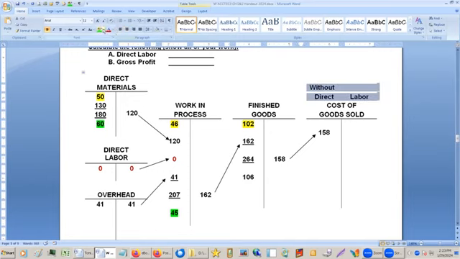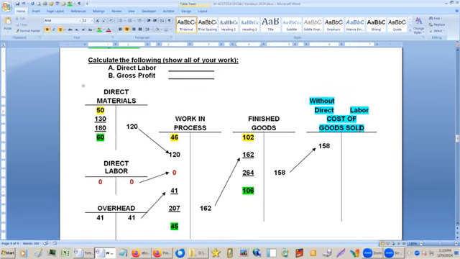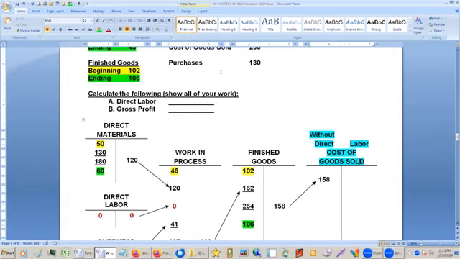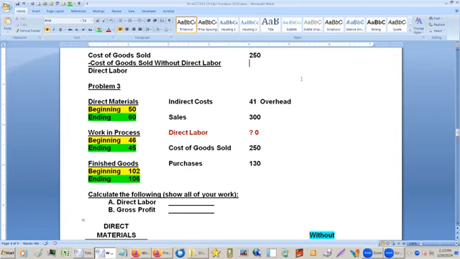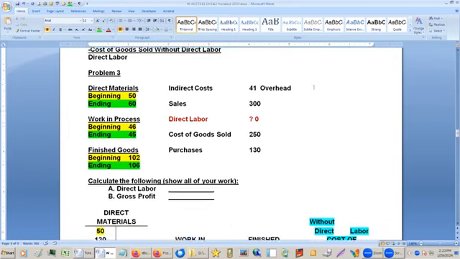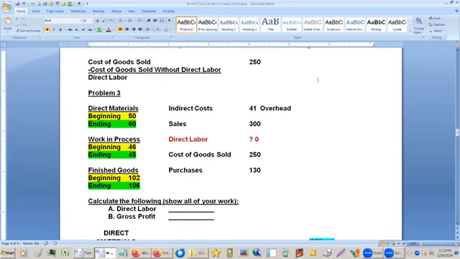Yeah, that's all supposed to be one. Without direct labor. Okay, so coming up here, the cost of goods sold without direct labor is 158. Hold on.